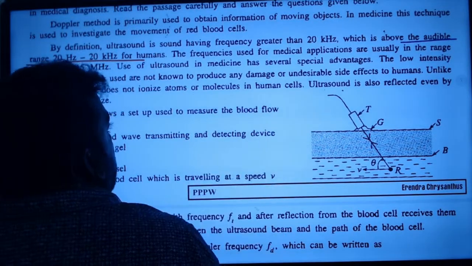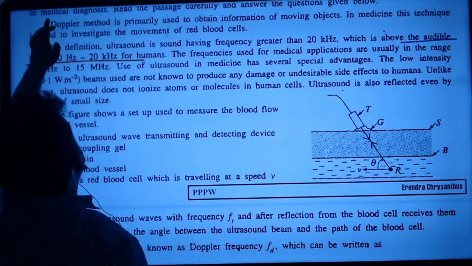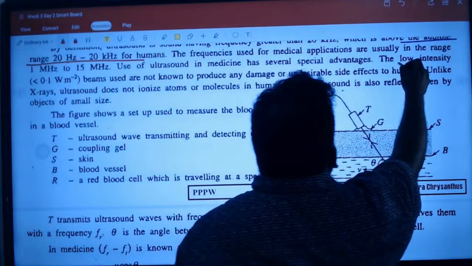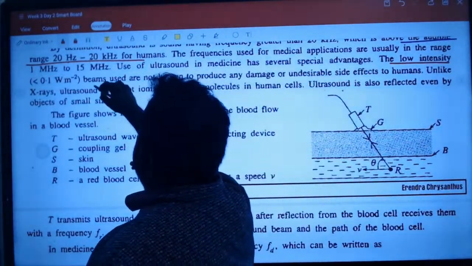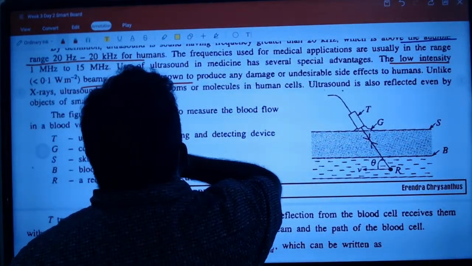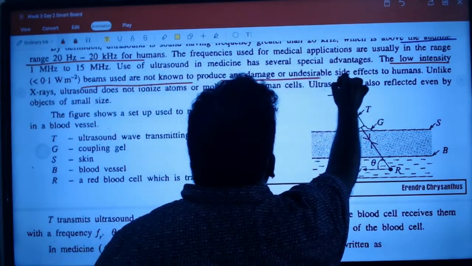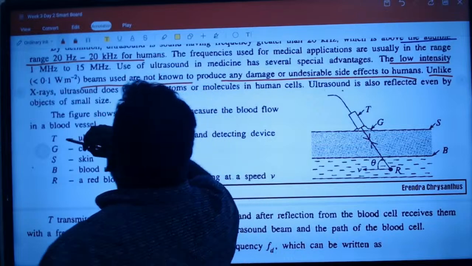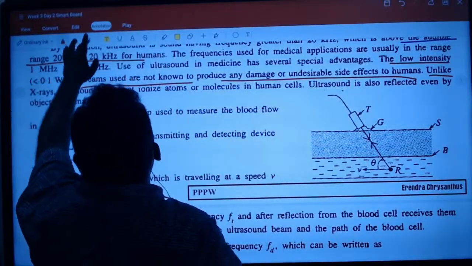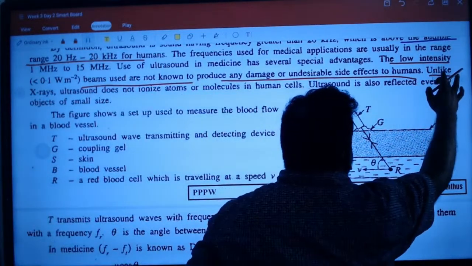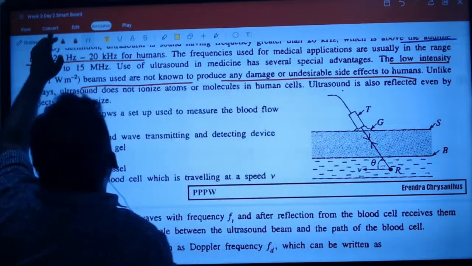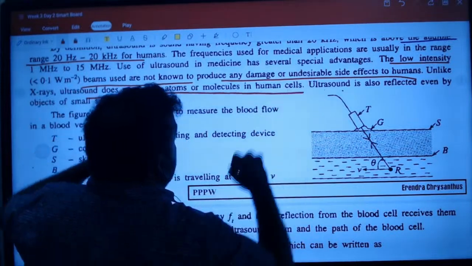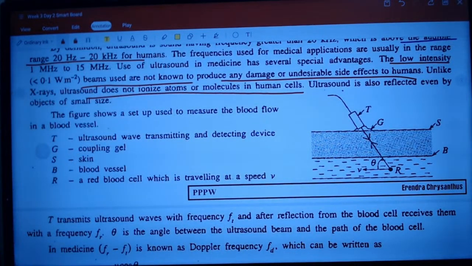Ultrasound is also reflected by objects of small size. So why are you using it? These are the reasons. Low intensity beams are not known to produce any damage. Next, unlike X-rays, it does not ionize atoms in human cells. So this is your answer.